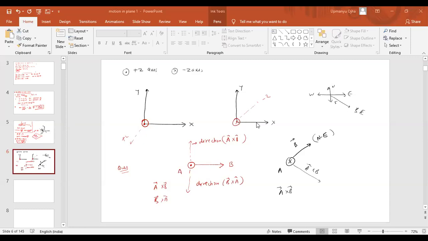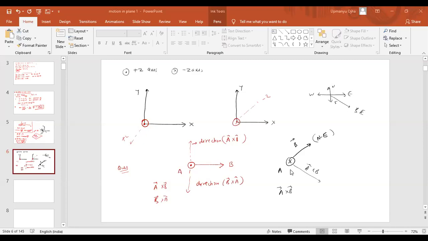This is the A vector, and I am pointing my right hand towards the negative direction. I am rotating the finger towards B because B is in this direction. So A cross B, where is my thumb pointing? Is it pointing towards the southeast?